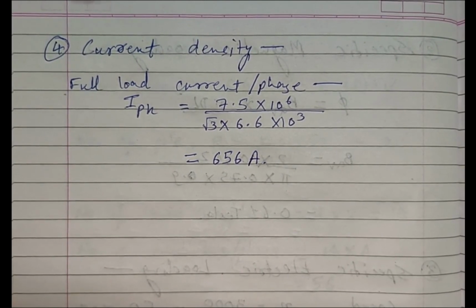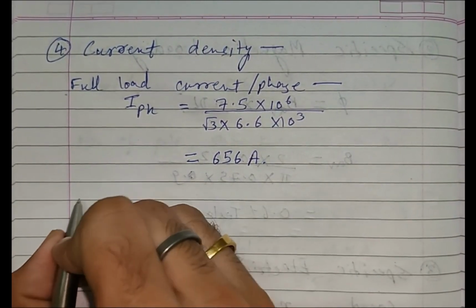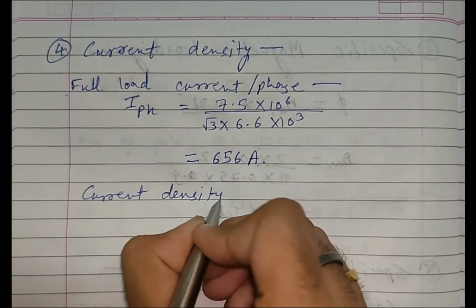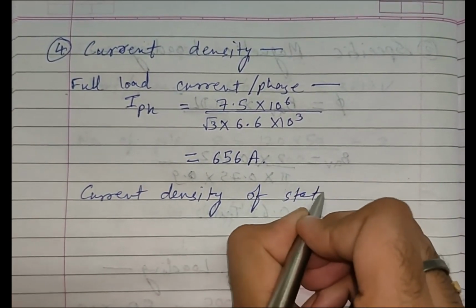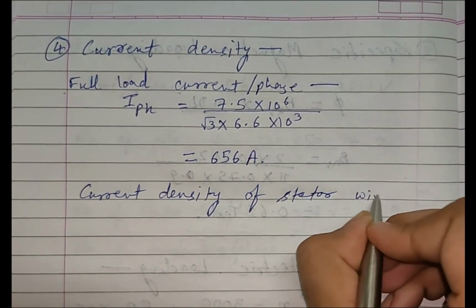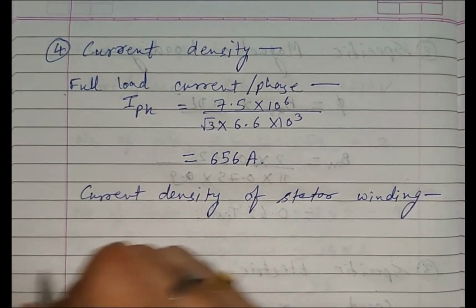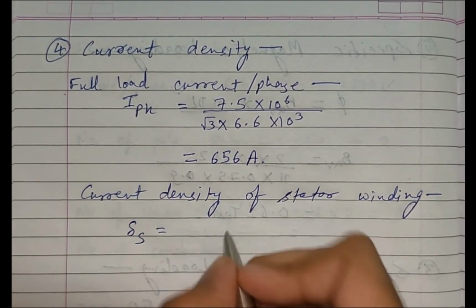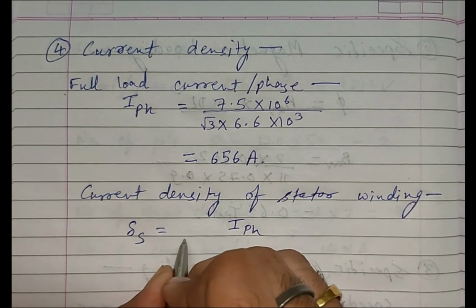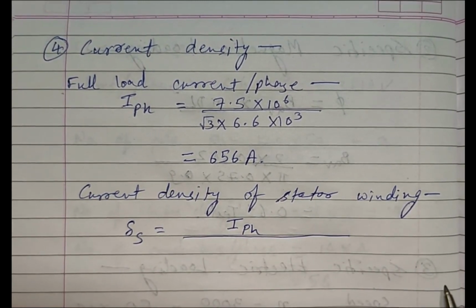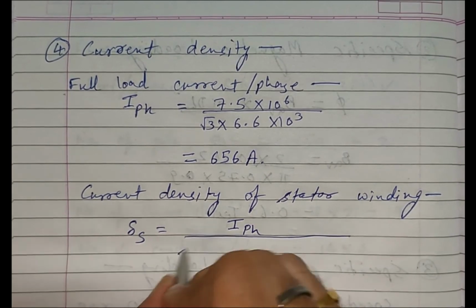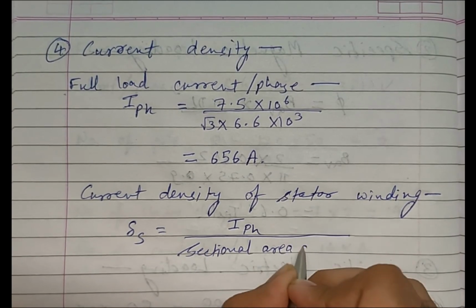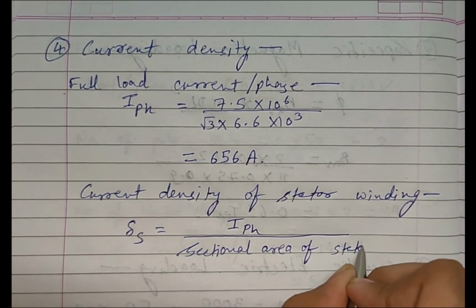Now the current density of the stator winding is given by delta S, which is equal to the current per phase of the stator winding divided by the sectional area of the stator conductor.